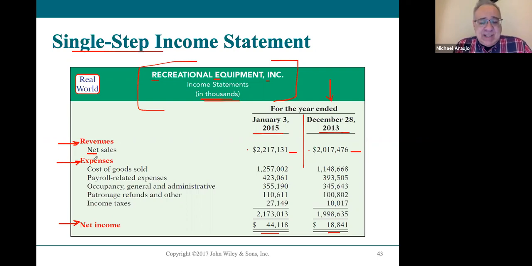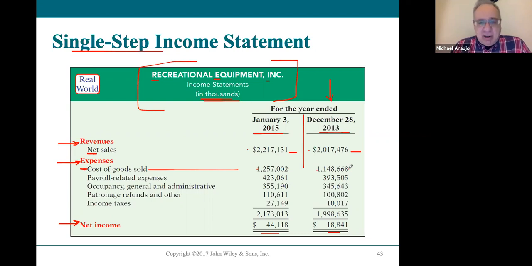The next is expenses. And I think you need to understand one thing. When you look at any merchandising business, any retail stores, income statements, the largest expense that they will have is the cost of their goods sold, their cost of their inventory. Because remember, as we know from last class, they have to purchase all the goods and put them in the store, and then they resell those to us.